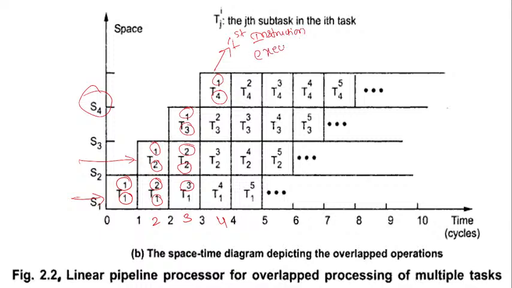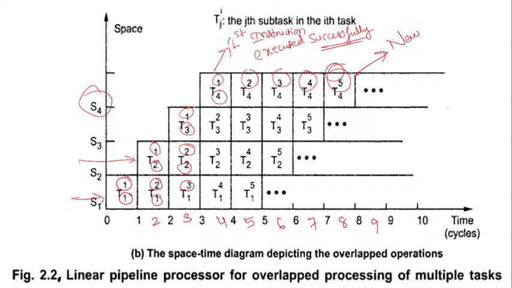During the fifth clock cycle, the second instruction is executed successfully. In the sixth clock cycle, the third instruction is executed successfully. So after every one clock cycle, a new instruction is executed successfully.